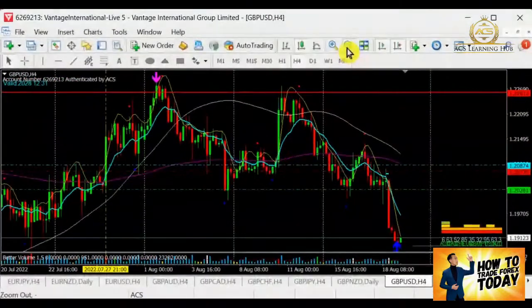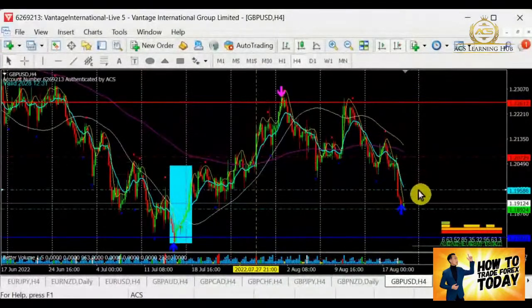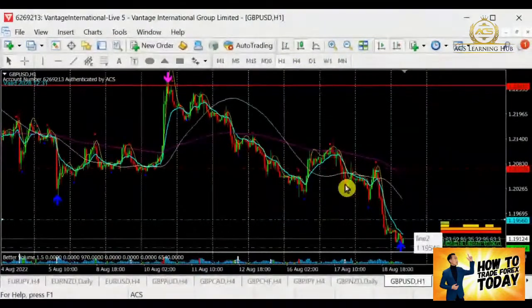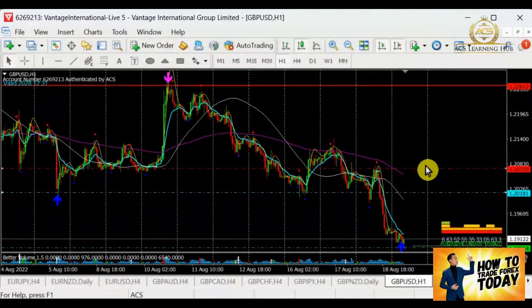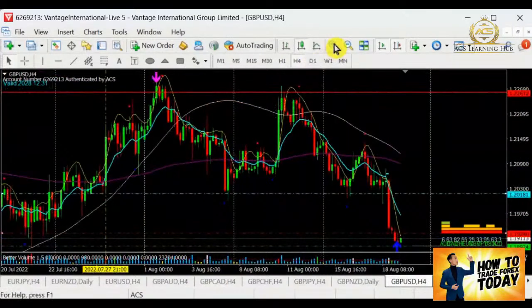Tentatively, I see that over here we are on the support. Then about the resistance, we should be looking at this level. That's the resistance level.